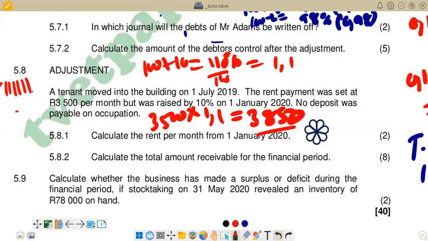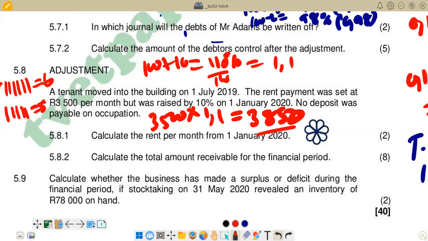And then January, it was increased. So it means 1, 2, 3, 4, 5, 6. So it's 6 months it was not increased. And then from January, remember the year is ending in May. From January, February, March, April, May, it was now increased: 1, 2, 3, 4, 5. We have now 5 months.